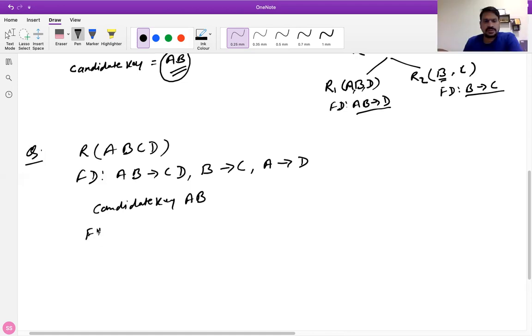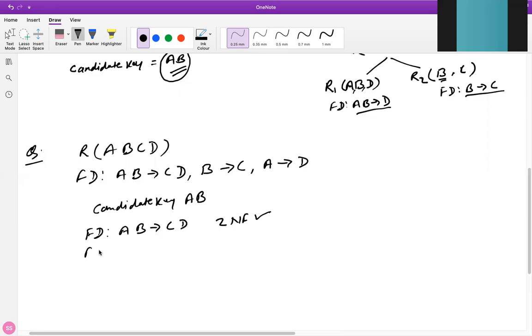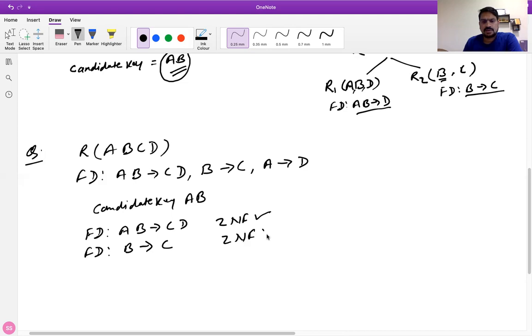So the first functional dependency, AB determines CD, satisfies second normal form, right? Yes, sir. For B determines C, it doesn't satisfy the second normal form because B is a part of the key. For the third, A determines D, again it does not satisfy it because A is part of the key.